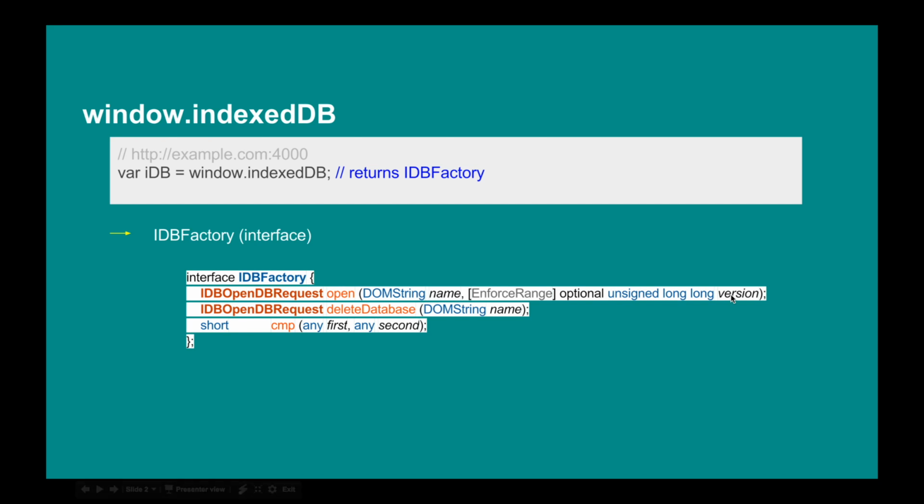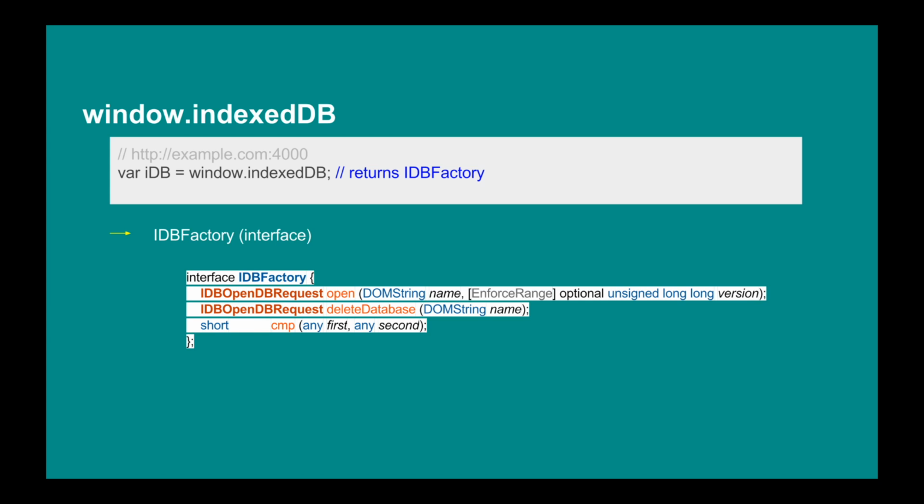If you give the version in that open method, then it's going to create a new DB with that version. If the DB is already existing, then it's going to upgrade the existing DB version if it is needed. If it is the same version, it's not going to upgrade. If the version number is more than what is there currently in the browser, then it's going to update.